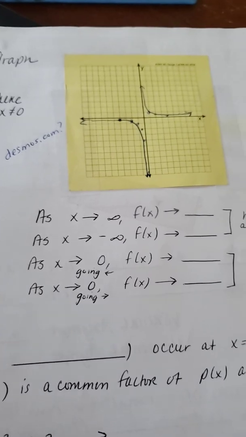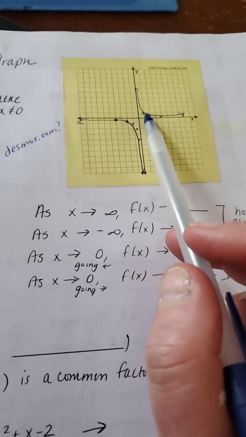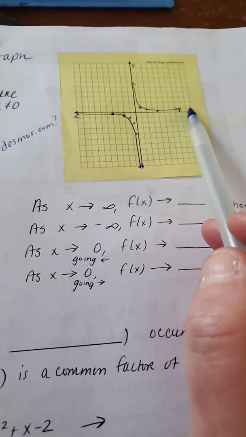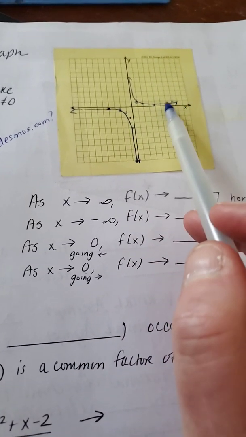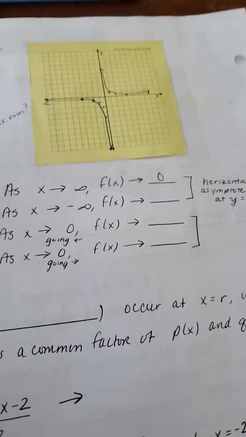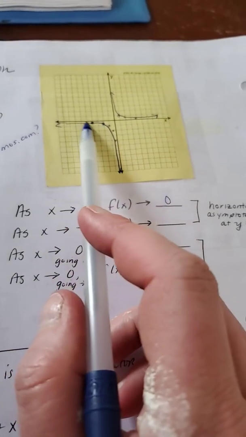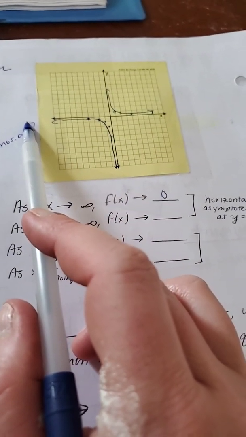Now what's happening is that as x approaches infinity, which is heading this way, f of x, its height, its y value, is going to approach 0. As x approaches negative infinity, the same is also true.